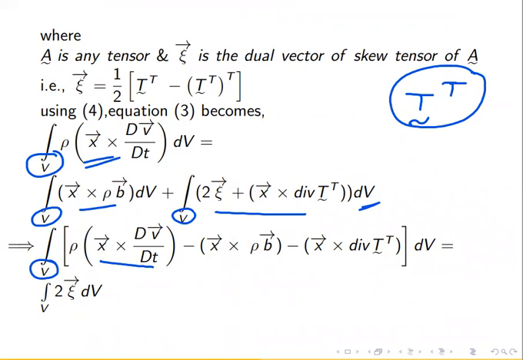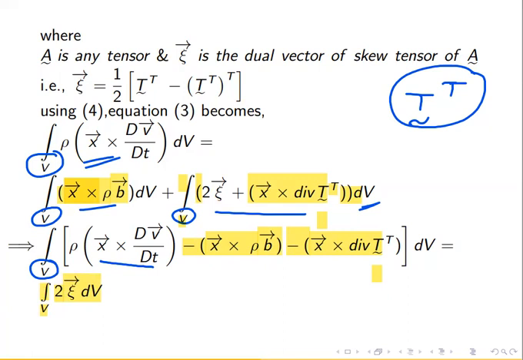Then on the RHS, this will go to the LHS, becoming minus x cross rho b. Then this part is going that side, so it is becoming minus x cross divergence T transpose dv, equal to, on the RHS, what is remaining? The remaining is integral v 2 xi dv.